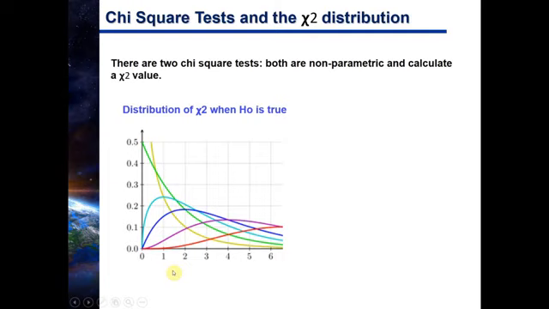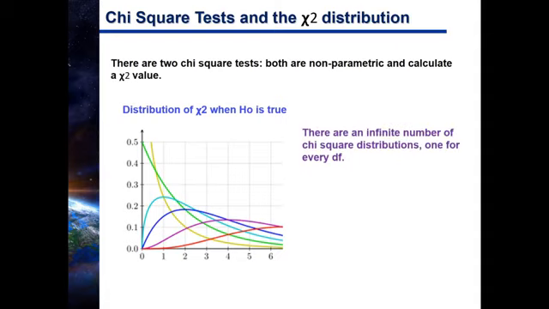So that's kind of a unique thing about these chi-square distributions, is that not only is there an infinite number of them, but unlike the T distributions and F distributions, they can look very, very different from each other depending on sample size or degrees of freedom, okay?